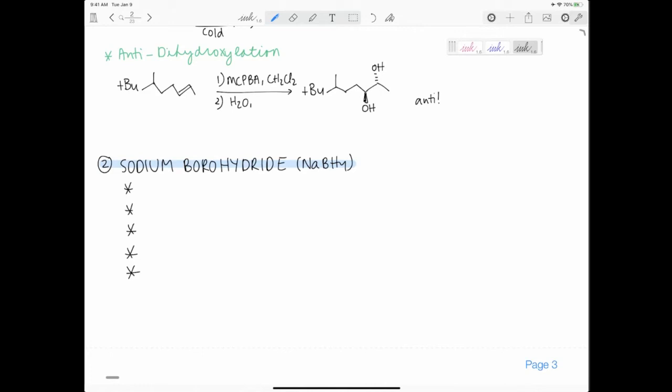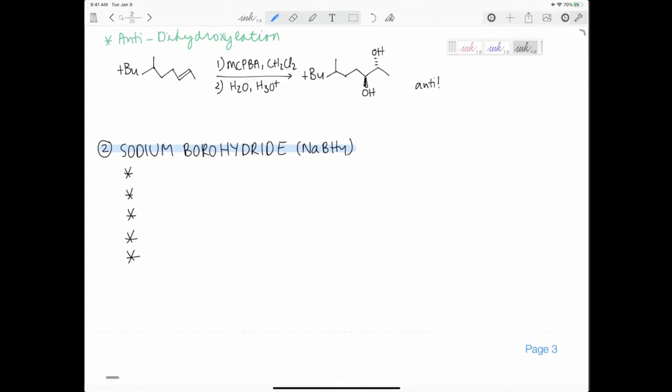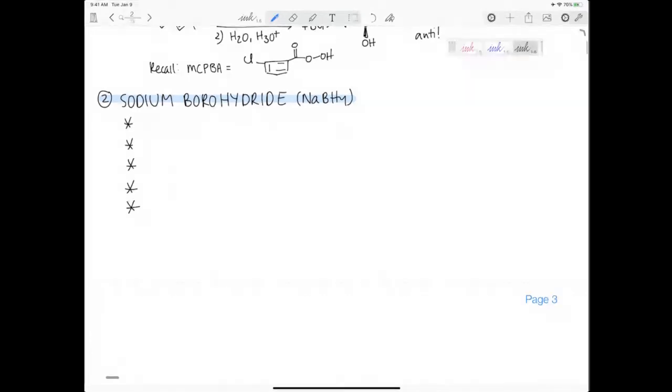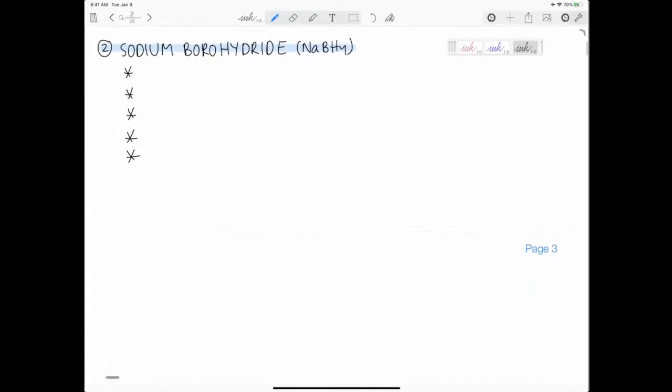And then we do a simple acidic workup. As far as I'm concerned, you guys should know what's happening here so far. MCPBA is a peroxy acid, and then this is the atom that gets donated.